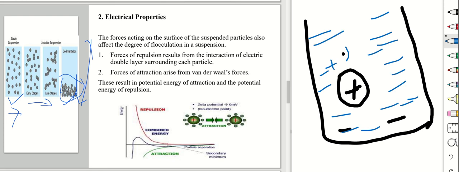For example, if this medium has both positive charges and negative charges, what would be the fate of this positively charged drug particle? It would attract negatively charged particles, right?